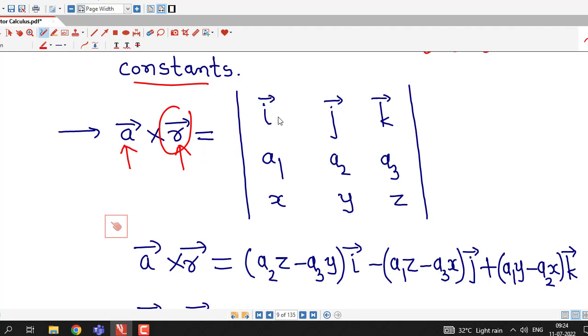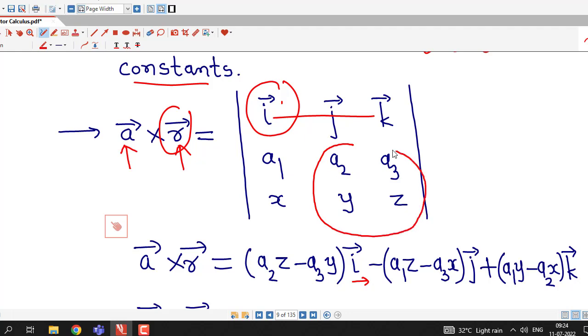So we consider this vector i, and we consider this first row and first column deleted, and this i is multiplied with determinant of this 2 by 2 matrix which is a2z minus a3y.